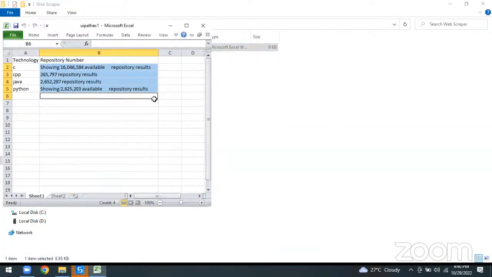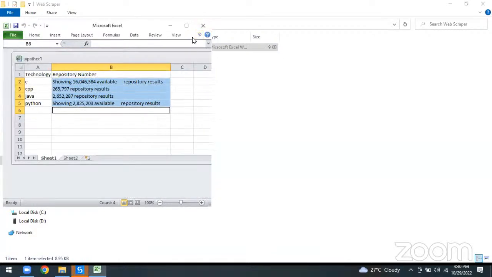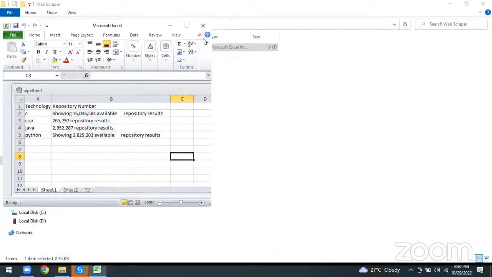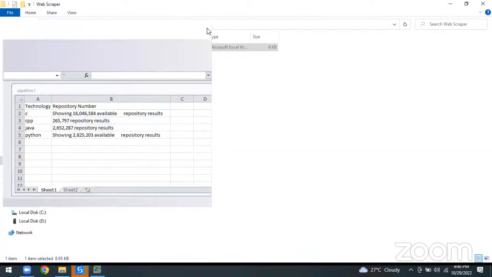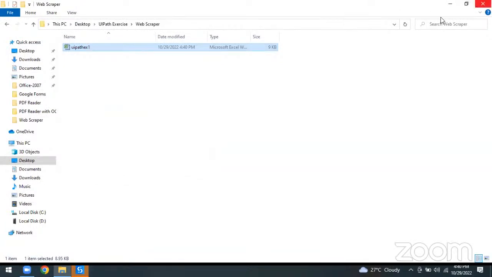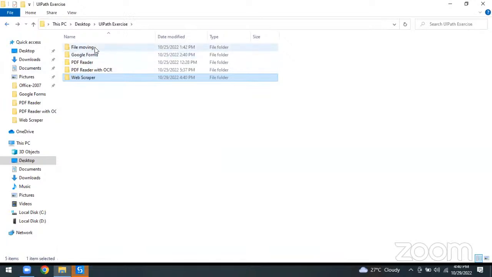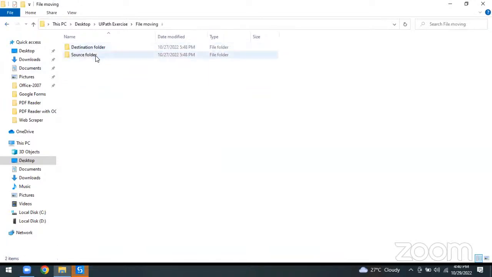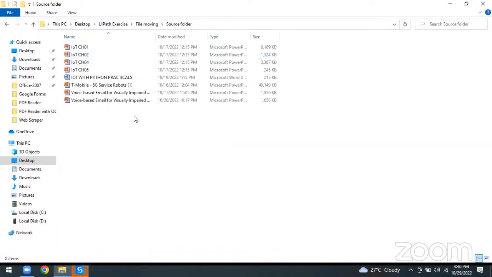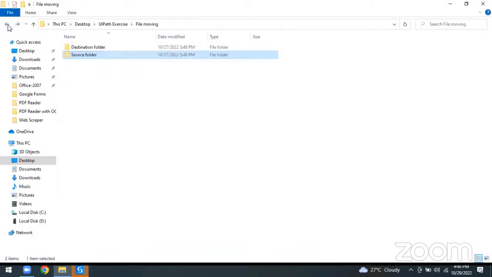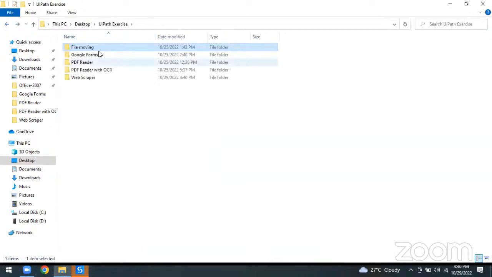This is a repository. After that, here is moving files, ma'am. This is a source folder where we have taken eight source files. It goes to the destination folder, ma'am.